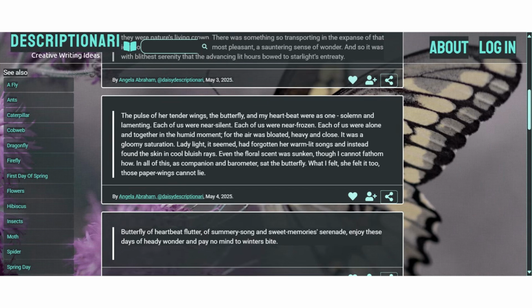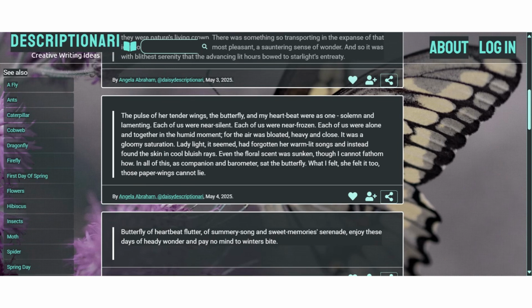The pulse of her tender wings, the butterfly, and my heart were as one, solemn and lamenting. Each of us were near silent, each of us were near frozen, each of us were alone and together in the humid moment. For the air was bloated, heavy, and close. It was a gloomy saturation.